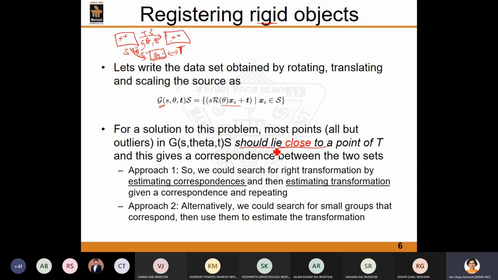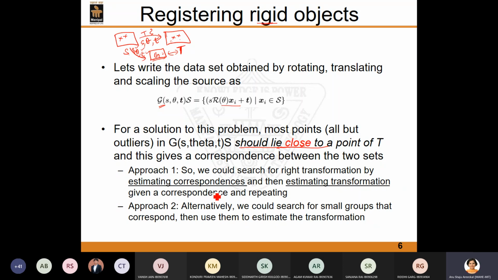For doing this, we can go with two approaches. The first approach is that we estimate the correspondences, then estimate the transformation given the correspondences, and repeat. So it is a repetitive process.